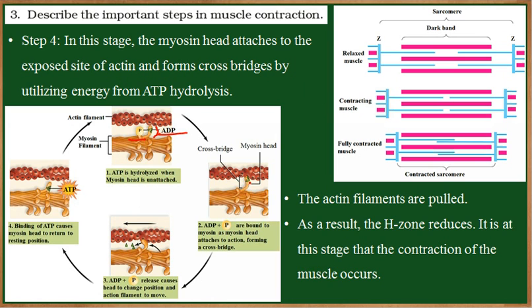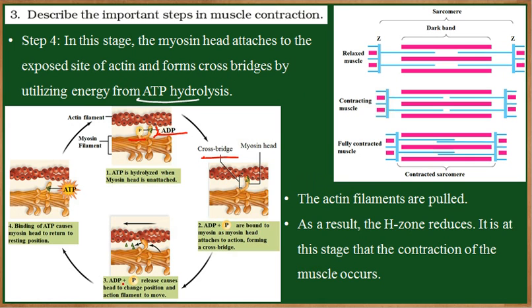Once it raises up, it binds to the myosin binding site present on the actin filament, and a temporary cross bridge is formed. This bridge connects the actin and the myosin filament. So what we learned here is that an ATP was utilized to make the connection between the actin and the myosin.